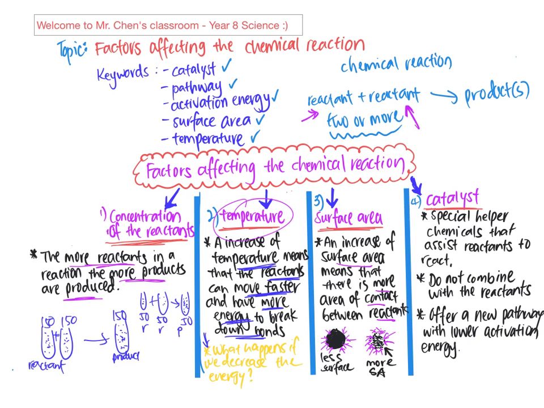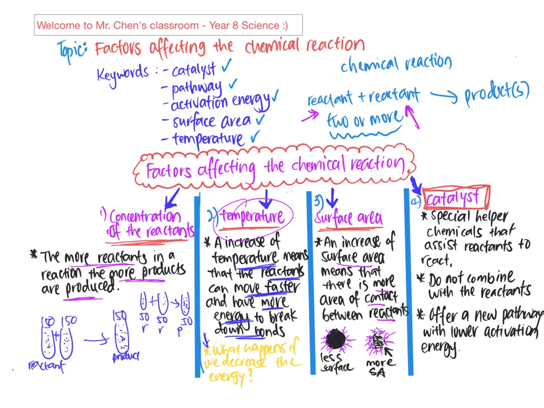Okay, so last one, catalyst. This is a new word. A catalyst is a type of special helper chemical that assists reactants to react. For example, I'm going to write a reaction now.